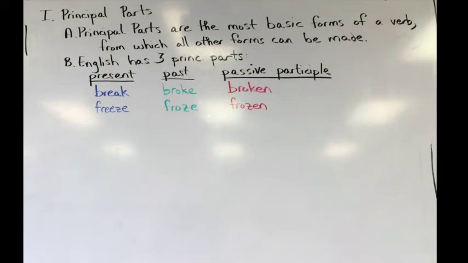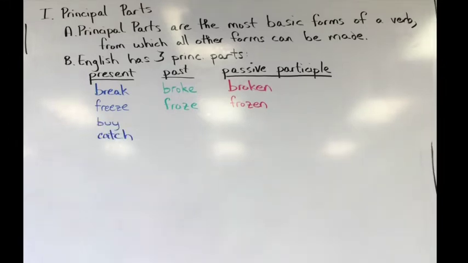So we can see certain patterns within principal parts, such as changing the middle vowel of words like break and freeze to a long O sound like broke or froze, and then doing broken, frozen for the passive participle. That, however, is just one pattern. See if you can identify the past and passive participles for the words buy and catch, which also follow their own pattern.